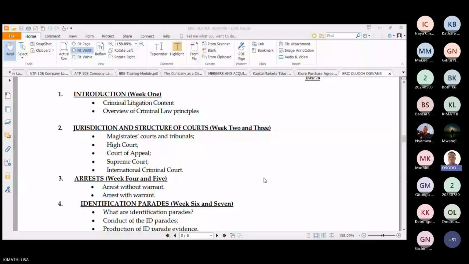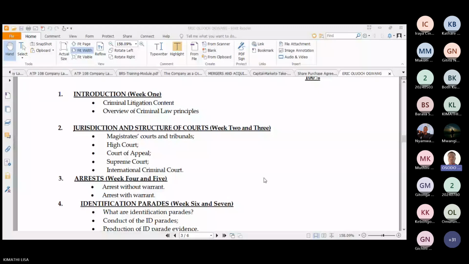Okay, the High Court is established under Article 165 of the Constitution, and it has unlimited jurisdiction and inherent powers in its trial capacity.